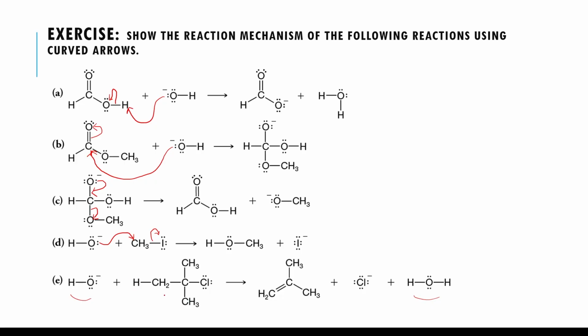Second thing, the chlorine here is connected to carbon, and it's not anymore connected, so this bond should be broken. And there's another observation. There should be a bond formation, a pi bond formation between carbon and carbon.